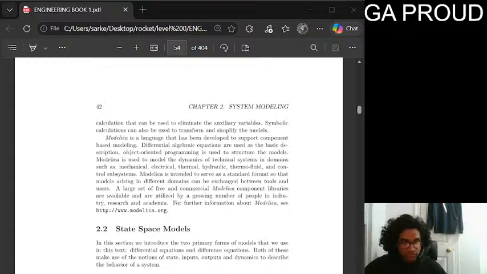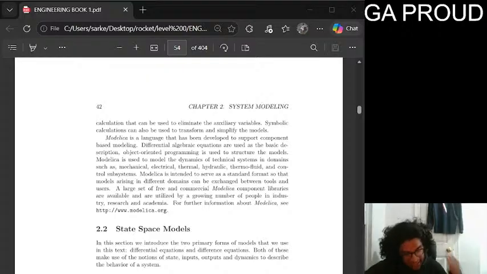So why do we define states? Because system behavior is described through state, and state literally defines the minimum information needed to predict the future motion.